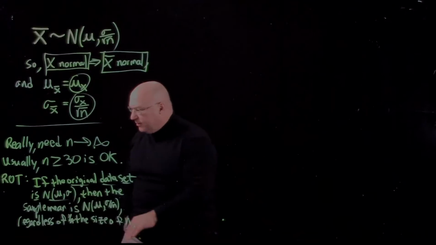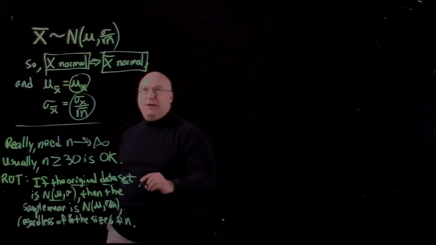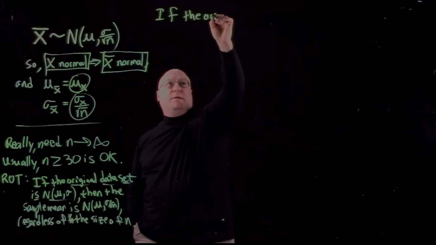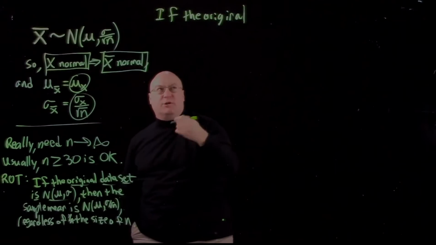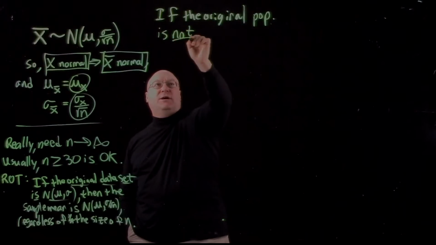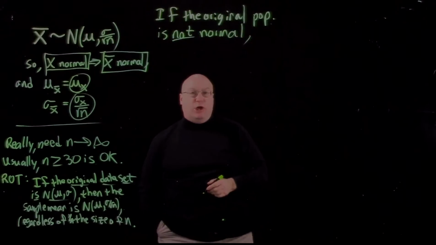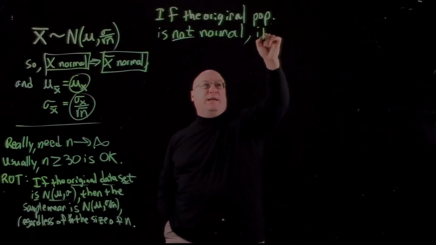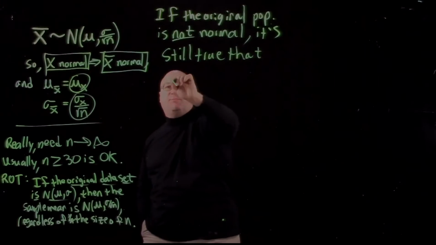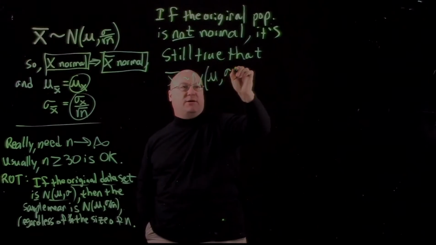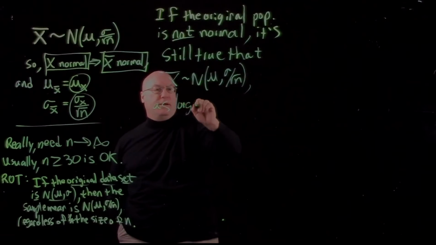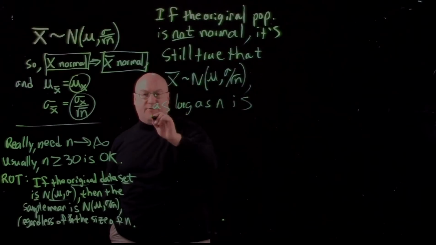So part 2 of the rule of thumb. But if the original data set, really we're talking about a population of data, is not normal, or more generally, we may not know if it's normal or not, in that case it's still true that x bar is normal with mean mu and standard deviation sigma over the square root of n, as long as n is big enough.